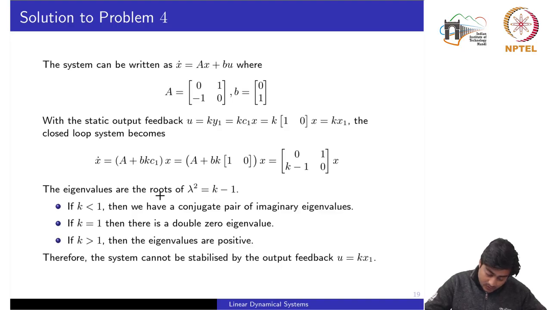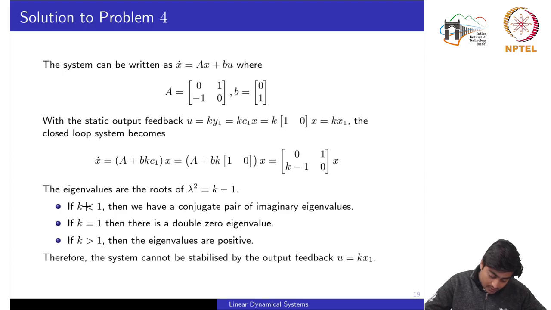Now from this equation you would see if K becomes equal to 1, right? If K is less than 1, then the eigenvalues would be a conjugate pair of imaginary eigenvalues, meaning to say that the system would be oscillatory. Now if K becomes equal to 1, then we would have a double integrator, meaning to say that the system is again unstable, and if K is greater than 1, then all the eigenvalues would be positive, that is on the right hand side.